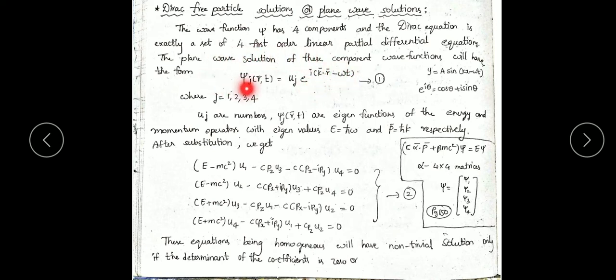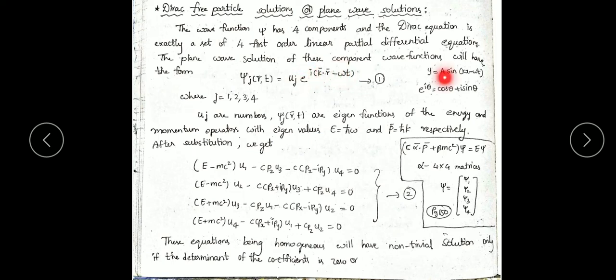The component wave function would have this form. It is a function of r and t.